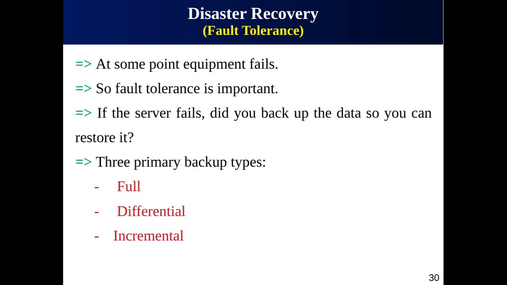And then we have the differential, which is a type of backup that involves backing up data that was created or changed since the last full backup. To put it simply, a full backup is done initially and then subsequent backups are run to include all the changes made to the files and folders. It lets you restore data faster, and the backup is faster than a full backup. The differential is faster as compared to the full one.